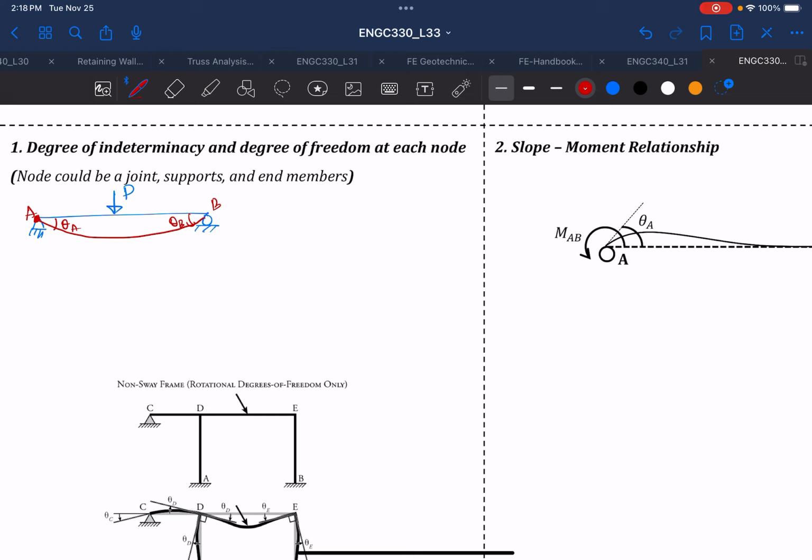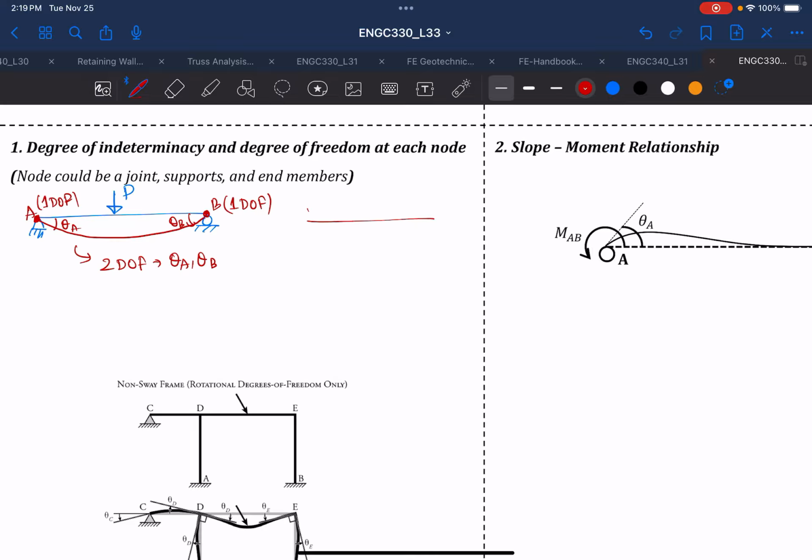So this is node A. Node A has 1 degree of freedom, and node B has 1 degree of freedom. So we say that this total system will have 2 degrees of freedom, which are theta A and theta B. Since there is no settlement, we don't have to consider delta as a degree of freedom.